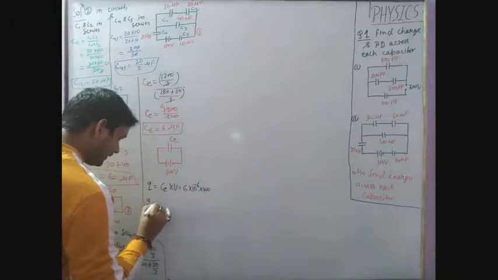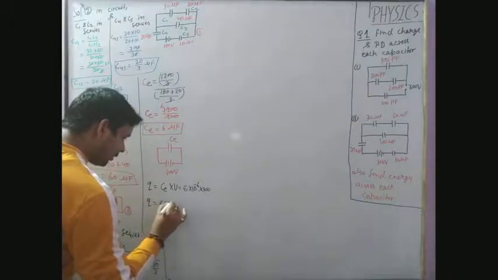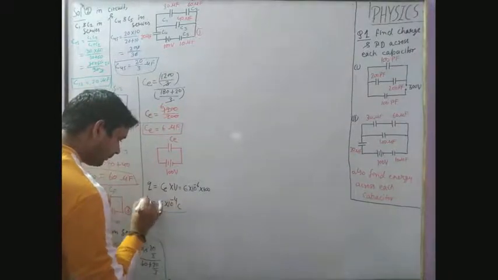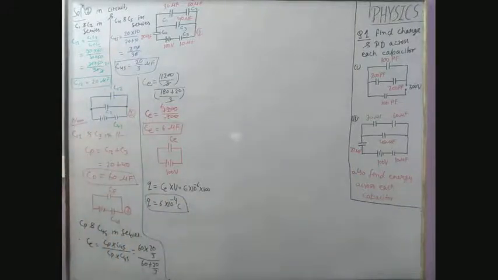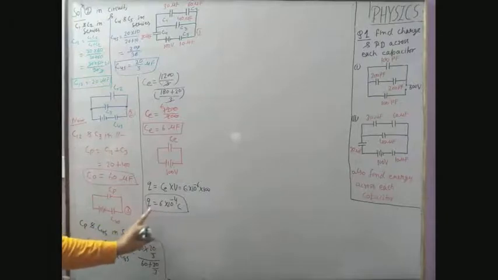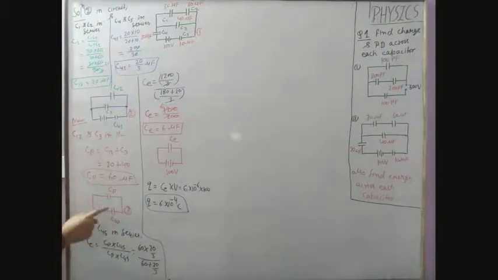That means Q is equal to 6 into 10 to the power minus 4 coulomb. This is first value of charge, which means total charge. Now the circuit is moved to third point.